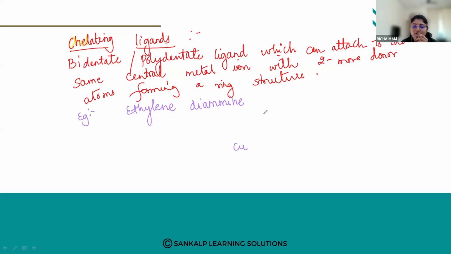So let me take copper as a central atom, and our ethylene diamine is CH2, CH2, and NH2. So like this, it will get linked. Then again ethylene diamine: NH2, CH2, CH2, NH2.